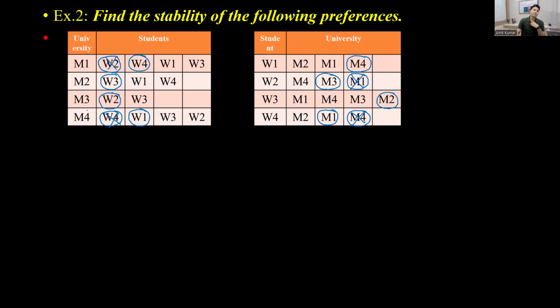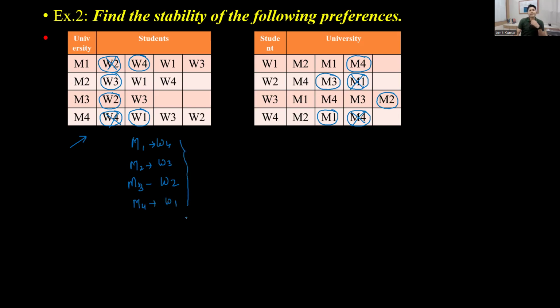So if you see the proposing table, this is the table. What I get is M1 is settled with W4, M2 is settled with W3, and M3 is settled with W2, and the last one is M4 settled with W1.